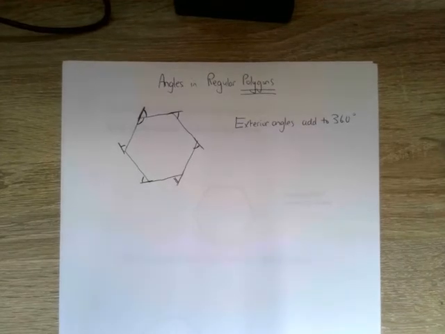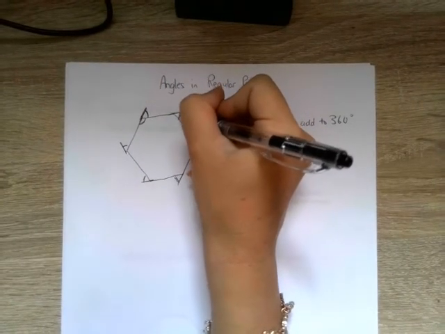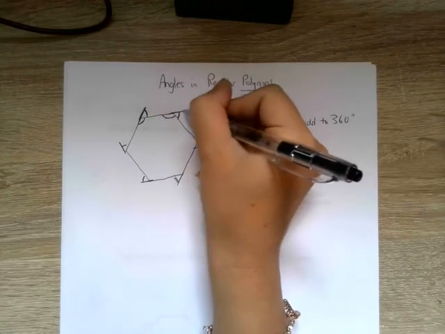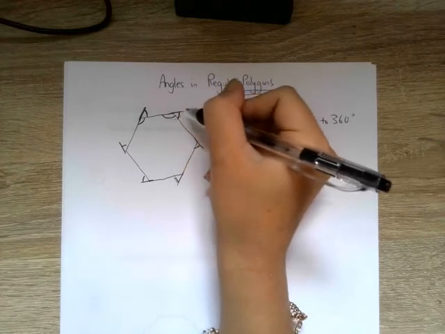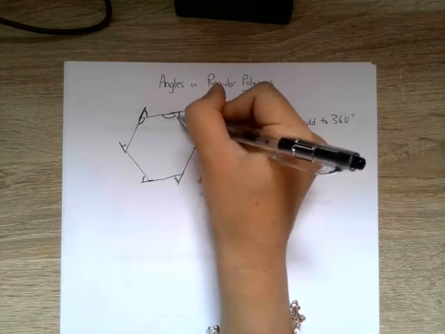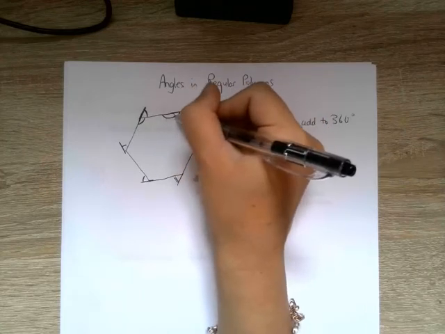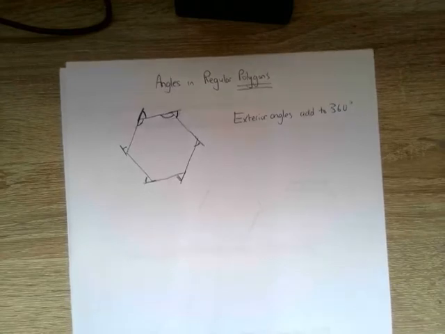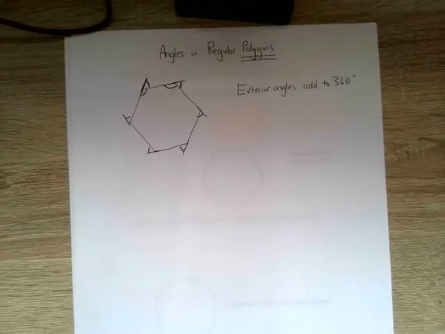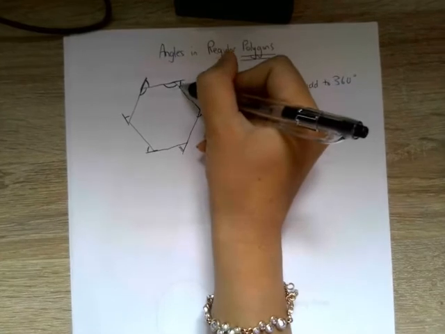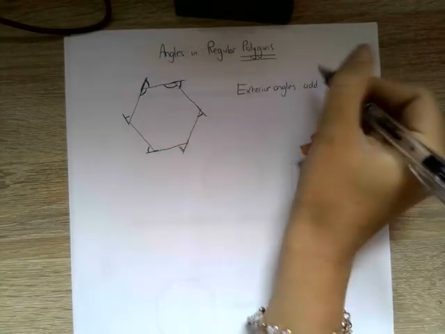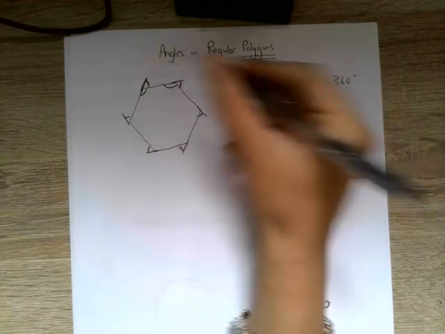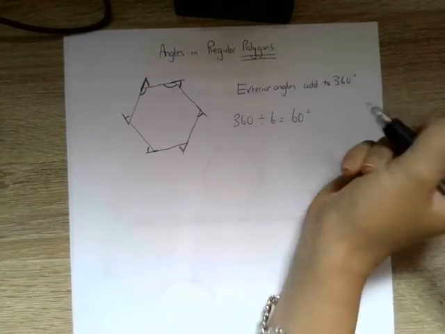And the other thing to point out is that, remember, if you know the exterior angle here, you could work out the interior one here, because these are angles on a straight line, aren't they? So you could just do 180, take away the exterior angle that you work out, and that would give you the interior one. So just before we look at some problems, if we were going to work out the exterior angles for the hexagon, if we know they add up to 360, we would do 360 divided by 6, because there's 6 of them, so each one would be 60 degrees.